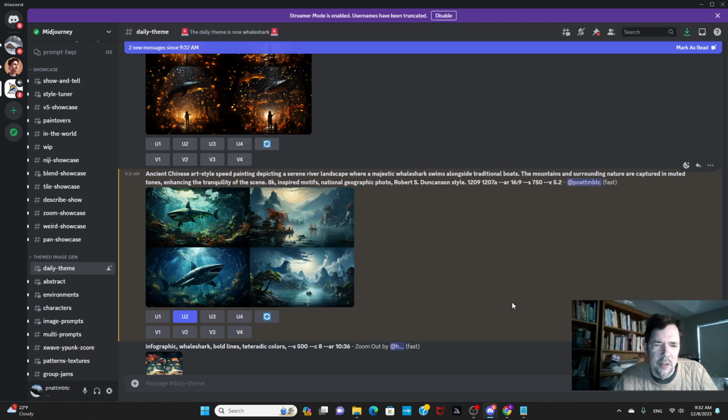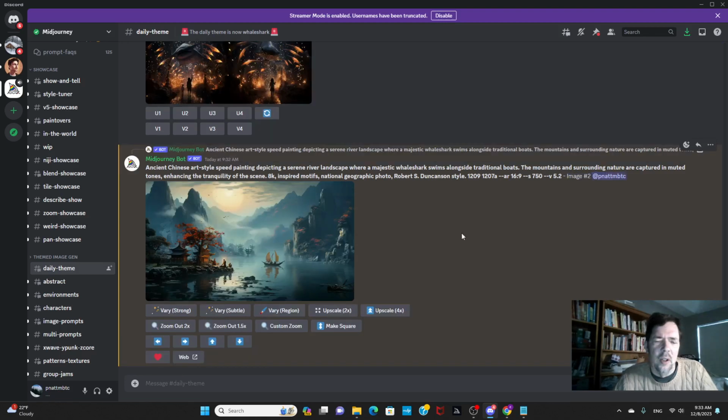If that had been put in the front of the prompt with the whale shark, then you probably would get a dramatic picture of the whale shark, because that's a typical National Geographic thing. But here, there's so many things going on, it's really more than the Midjourney bot can handle. And it did do a good job, I think, on the parts that were in the front part of the prompt, which is what you would expect.